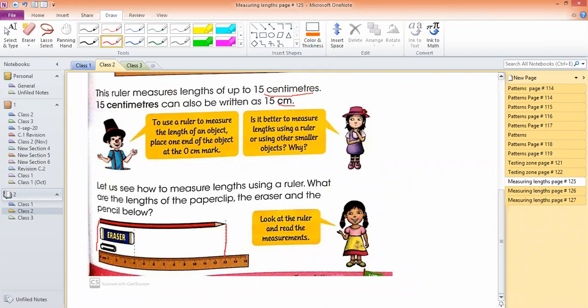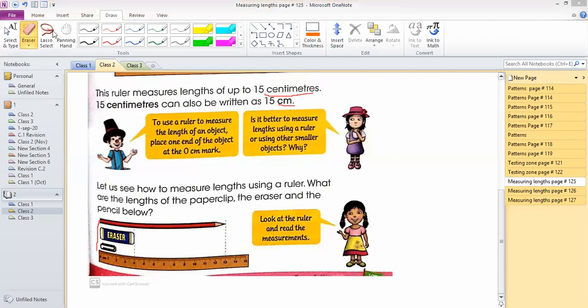So if I ask you, tell me how much long this pencil is, you will say, sir, this is 13 centimeter long. Not 12, guys. Check this dotted line. In the book, it is also shown as a dotted line. Check this dotted line and straight, it is reaching up to 13. So this pencil is 13 centimeter long.